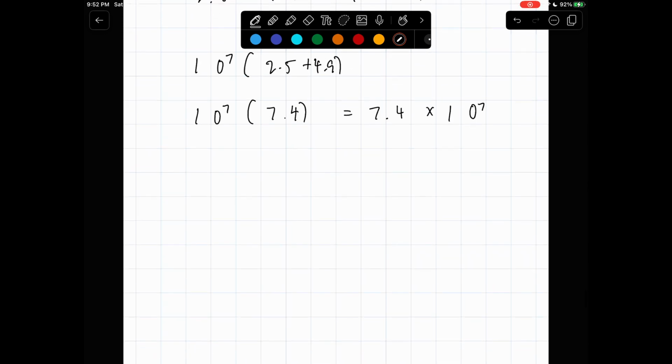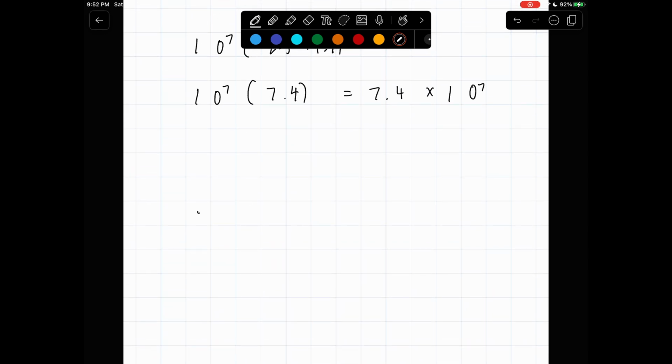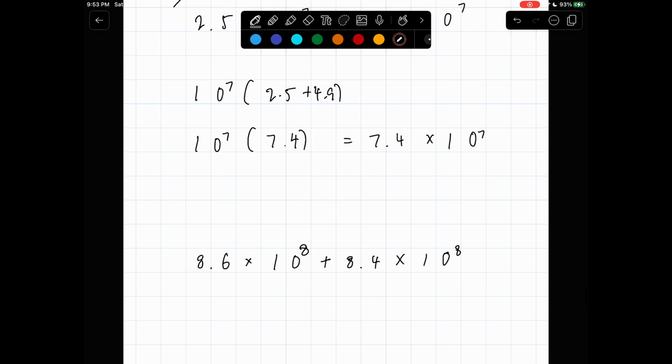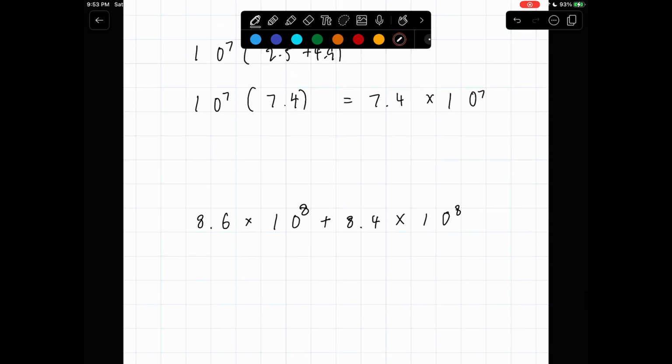For instance, you have the number 8.6 times 10 to the power of 7. Let's change it. Let's say 8.6 plus 8.4 times 10 to the power of 8. Same concept applies here. If you want to take out 10 to the power of 8, it's completely up to you. So let's do it.